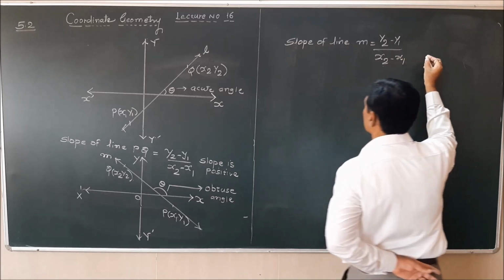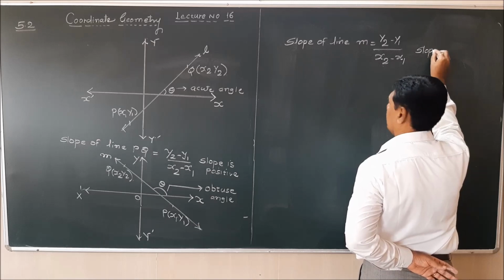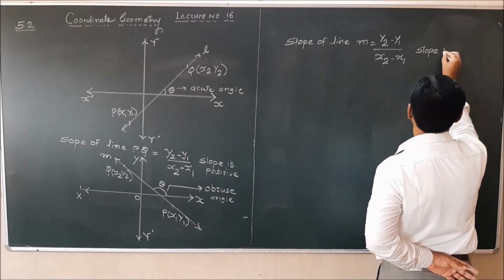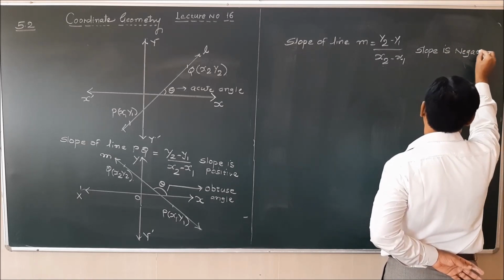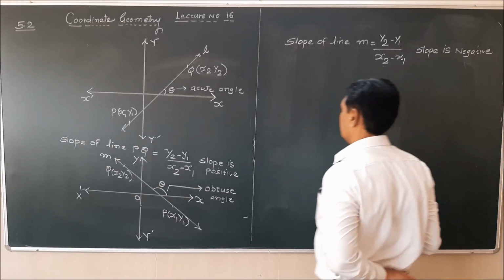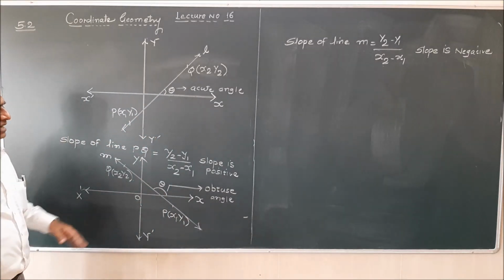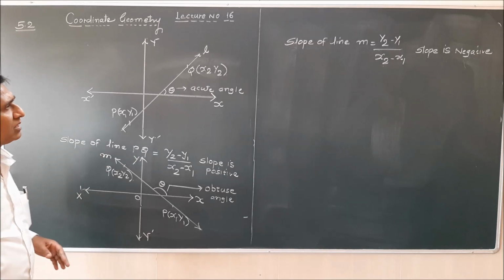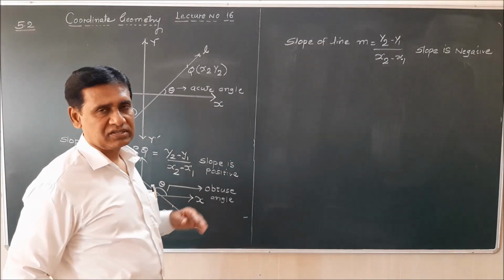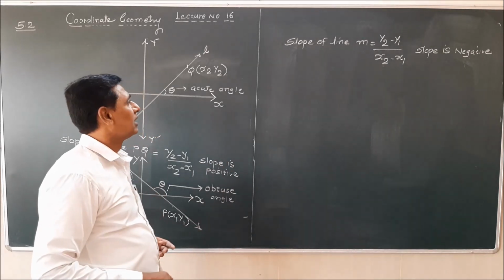This is the formula. But in this case you will find the slope is negative, because the angle formed by the line with respect to the x-axis is an obtuse angle, and therefore you get the slope y2 minus y1 upon x2 minus x1, but the slope is negative.